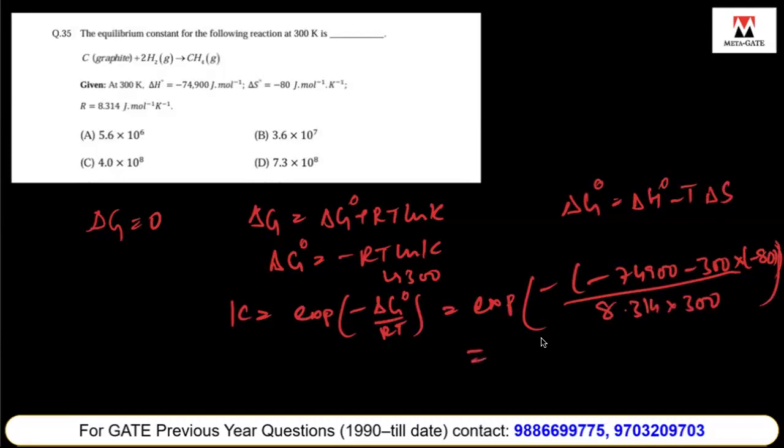If you calculate, this comes out to be 7.3 into 10 power 8.